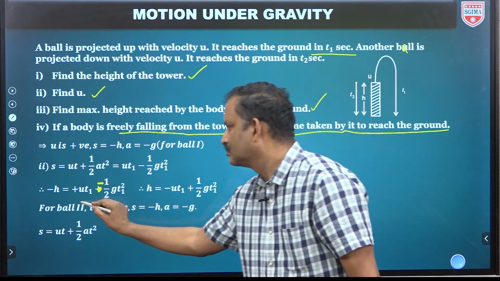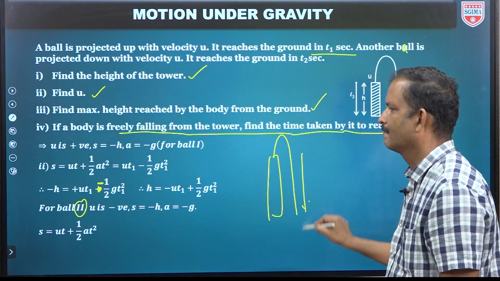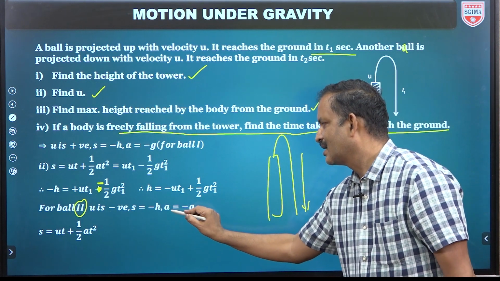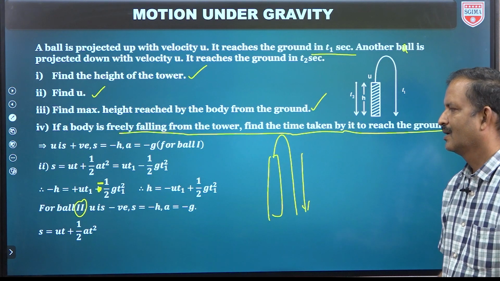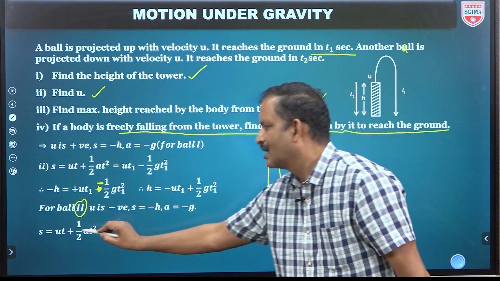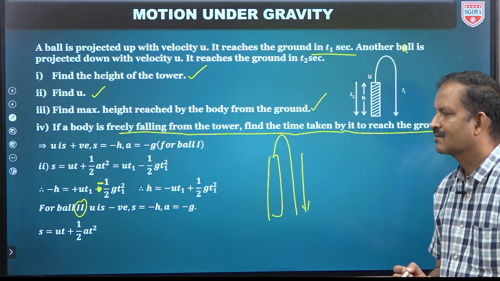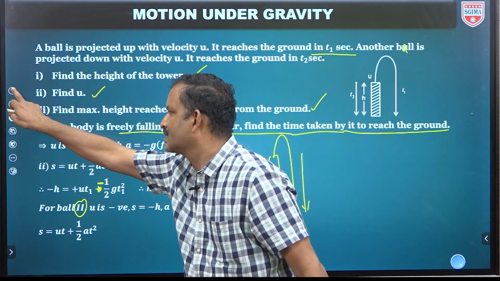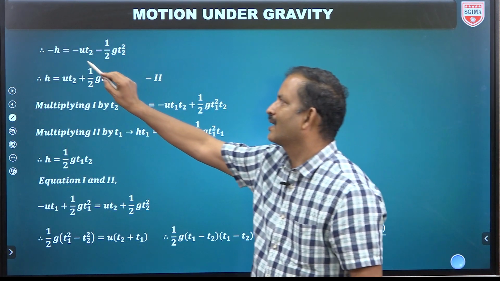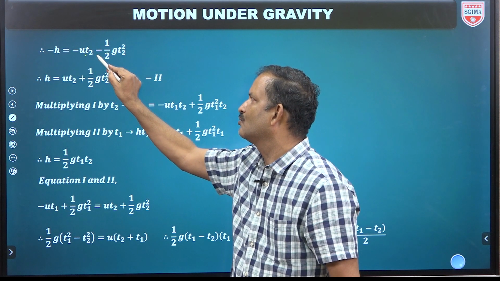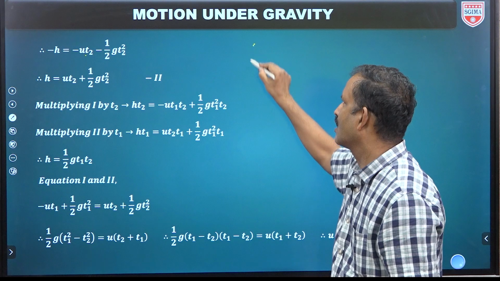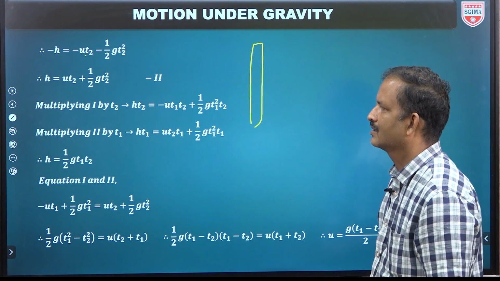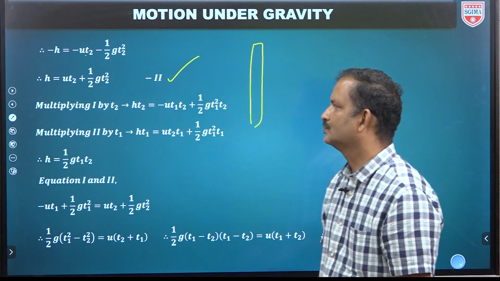For ball 2, it is projected down. u is negative, S is minus h, a is minus g. Then again I am applying the formula. S is equal to ut plus half at square. Again we will get minus h is equal to minus ut2 minus half g t2 square. Why? All are in the downward direction. h downward, u downward, g also downward. I got this equation number 2.